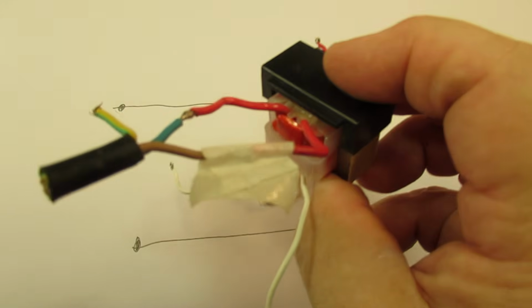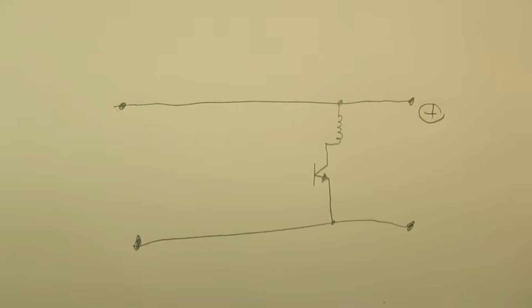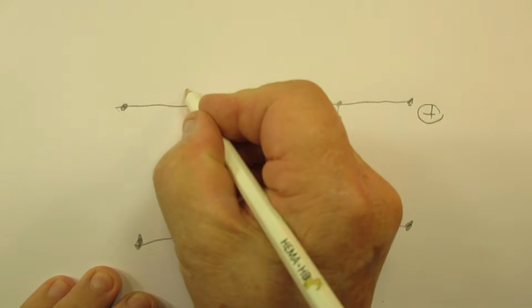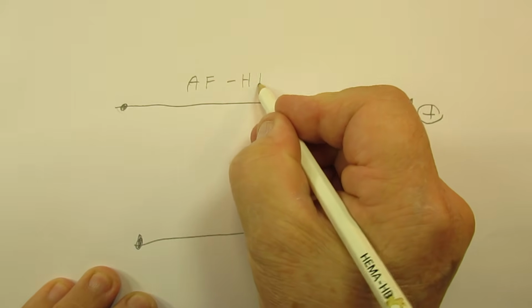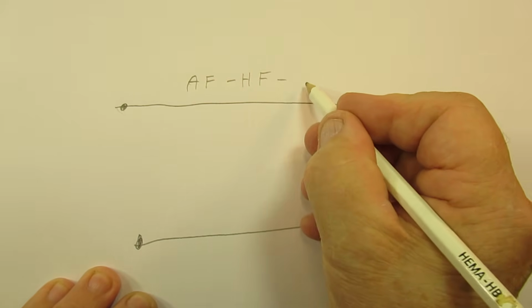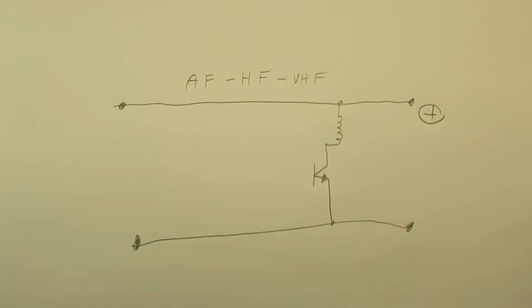But I want to tell, and that's very important, this whole idea also is valuable for high frequency oscillators. So for AF, HF, high frequency, and even VHF, but of course in such a case you must use a typical high frequency transistor.